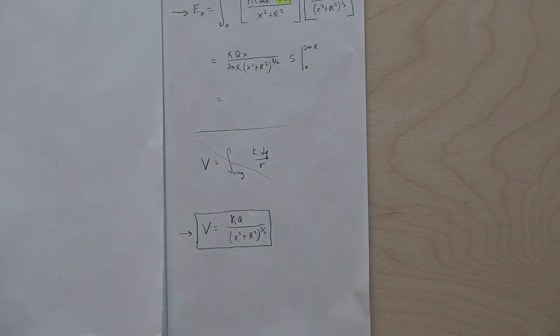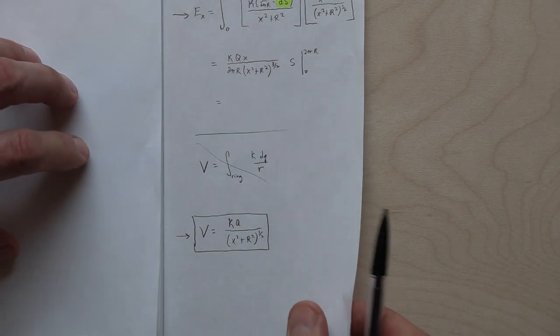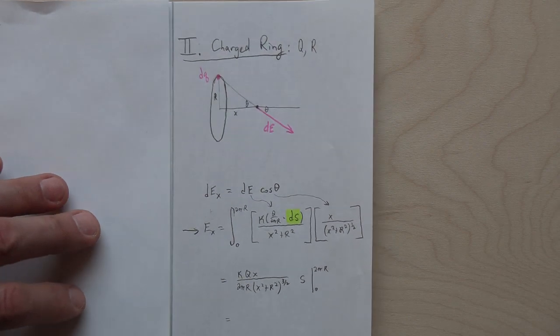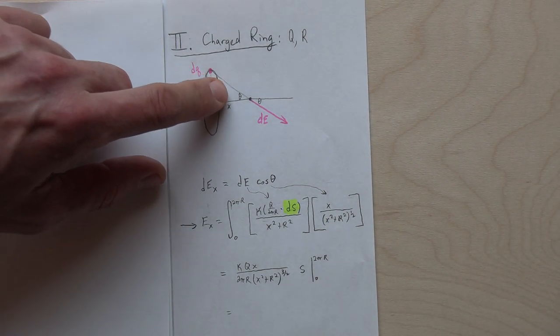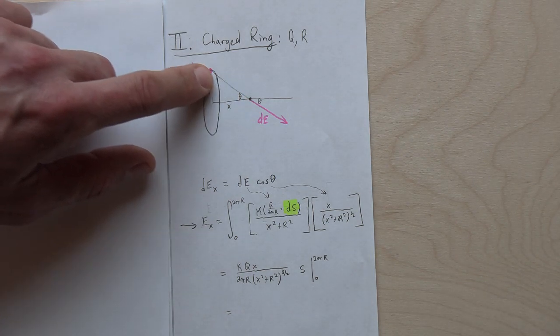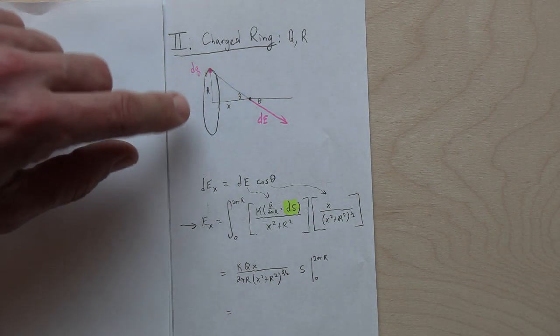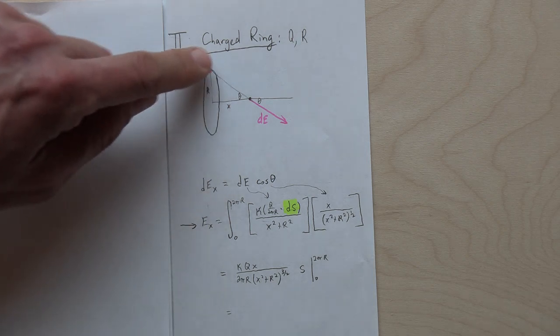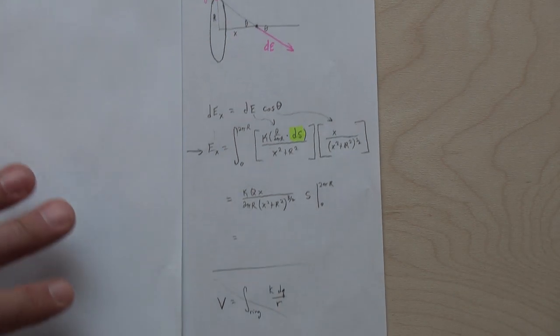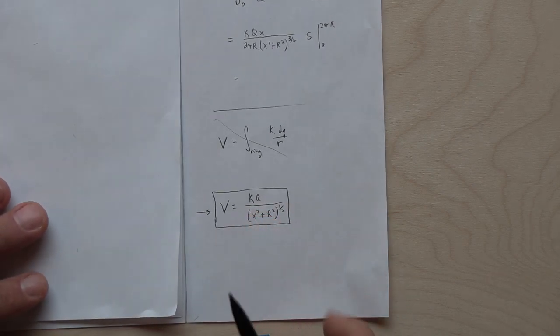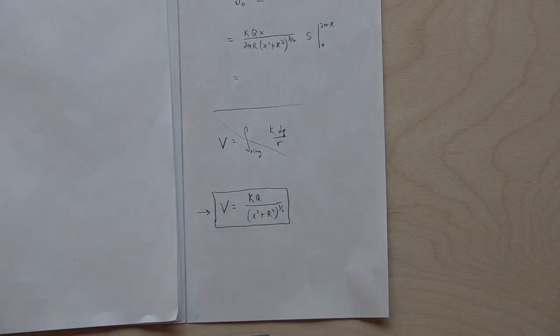However, this is yet another example where, going back to the diagram, all the charge is at the same distance away from the point, and with no direction, we can just write the answer as kq over r. This is the r of how far away the points are from our ring.